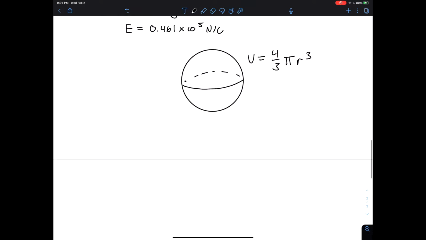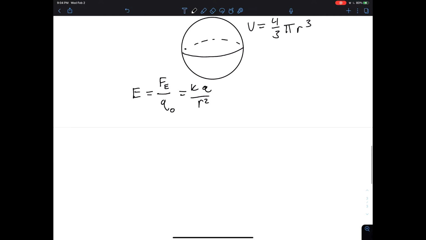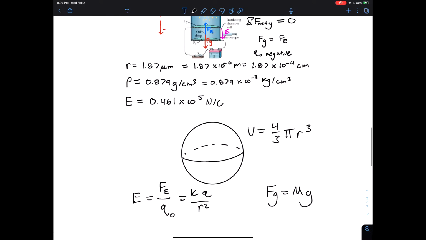We deal with magnitudes. So recall that the electric field is equal to the electrostatic force over the charge, or equal to the electric constant times charge over r squared, and that our force of gravity is equal to mass times gravity.